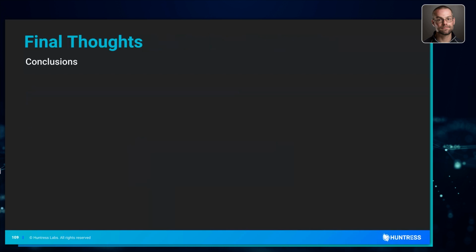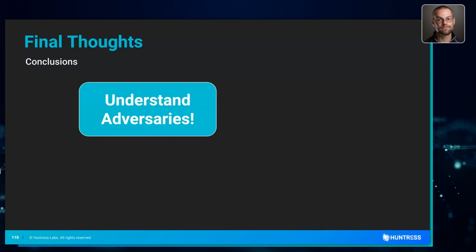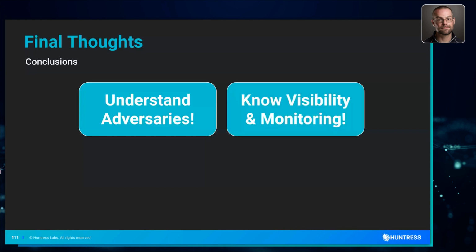To conclude with some final thoughts, we need to understand our adversaries first and foremost. Absent adequate and continued threat intelligence analysis, we are left guessing what sort of behaviors and activities we need to look for. Once we've satisfied that, we need to understand our own visibility and monitoring practices to scope out just what it is that we can see and what it is that we can understand within our environment, as well as what questions we can ask.